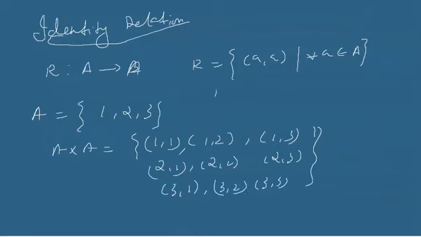Fine. Now I want to define a relation. R is equal to {(1, 1), (2, 2), (3, 3)}. You can say this particular relation is an identity relation. So identity relation is defined as R is equal to {(a, a) such that a in A}. Clear? This is called identity relation.